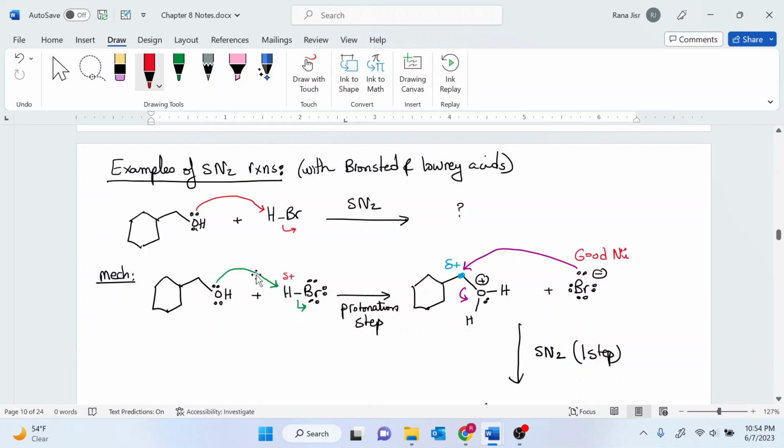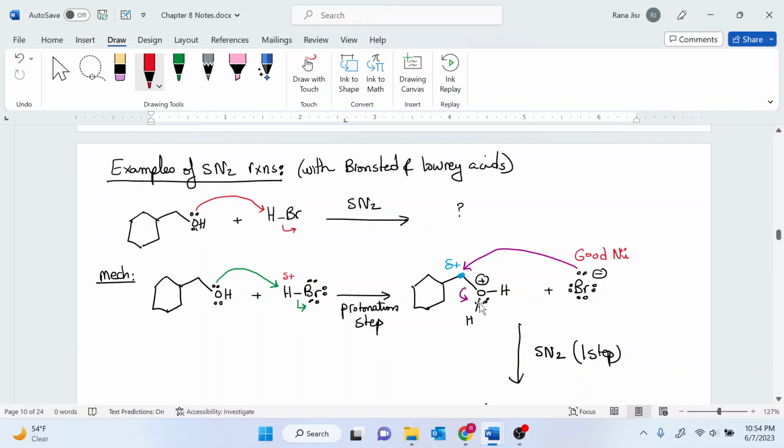So always your reaction is going to be from the nucleophile to the electrophile, and the bromine is going to leave. So the first step, whether you're doing elimination or substitution, is always the same. The reagent always has an acidic hydrogen, or it's an acid somehow. It has an electron deficient site. So we protonate, we make the OH a better leaving group.